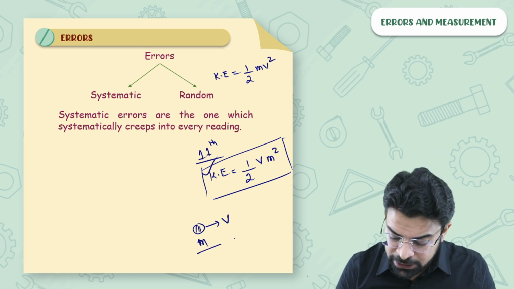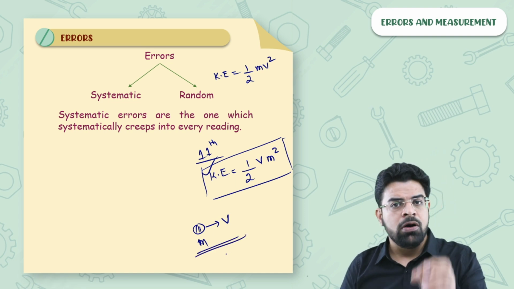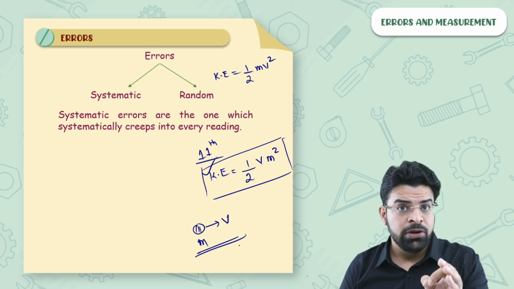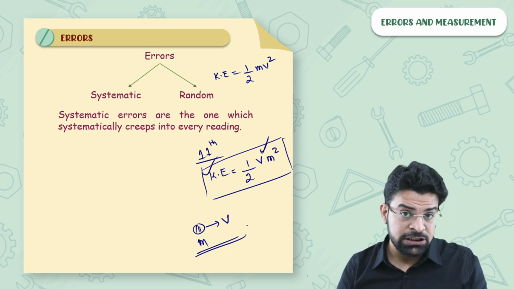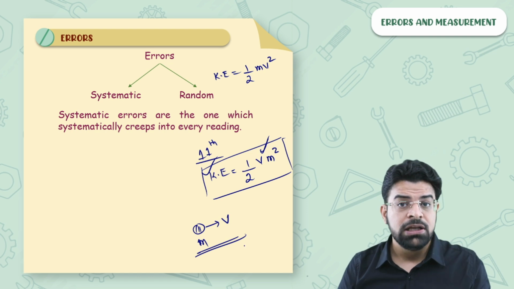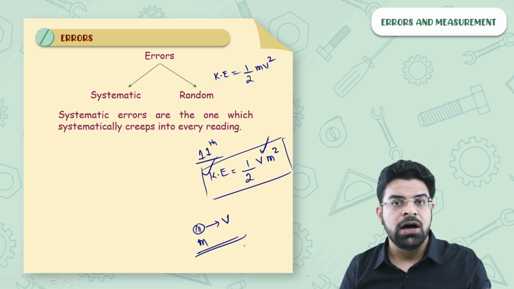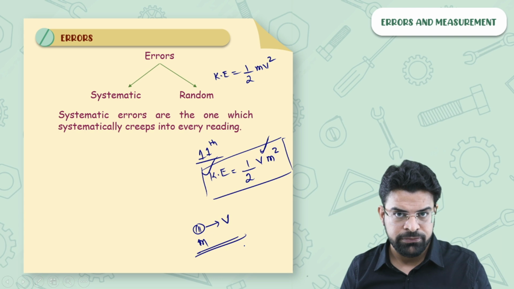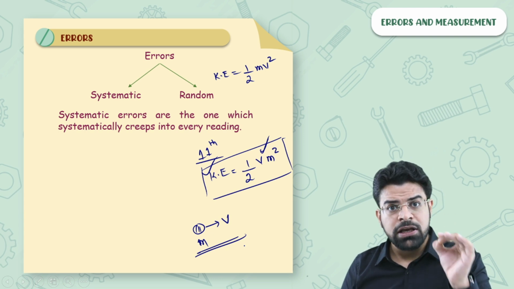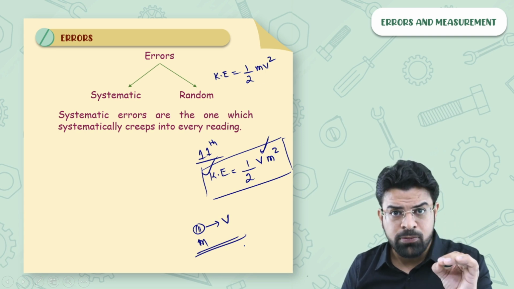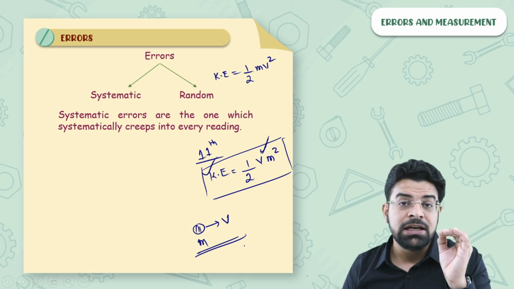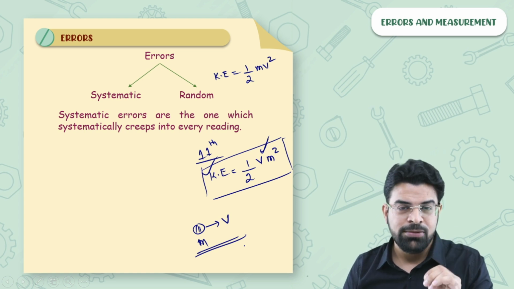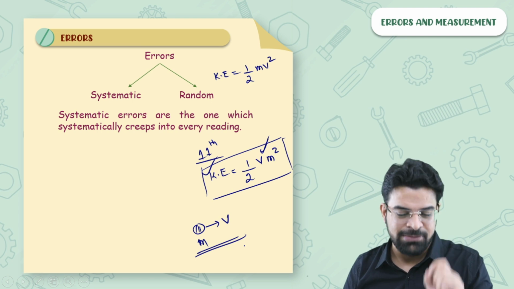But no matter how many times he measures the mass, no matter how many times he measures the speed, till the time he or she is using the wrong formula, they will keep on getting the wrong answer again and again and again. When you keep on getting the same wrong answer every time, it is called systematic error, because your error is very systematic.